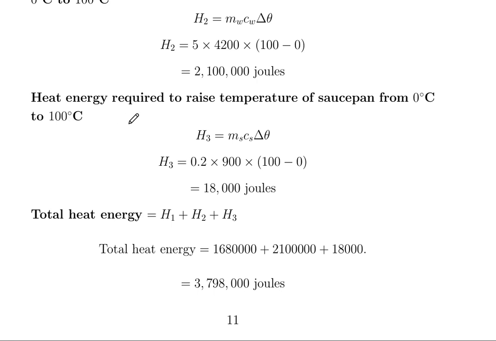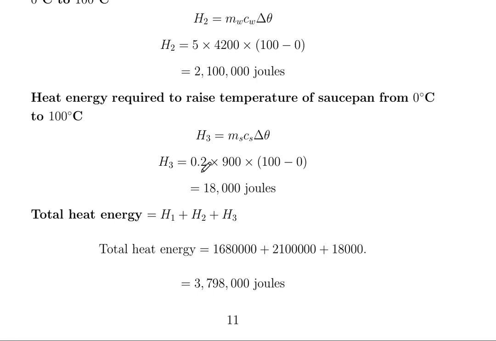And therefore, as we heat this water to 100 degrees Celsius, even this saucepan will gain that temperature. So what is that quantity of heat that is required in order to raise the temperature of the saucepan from 0 degrees Celsius to 100 degrees Celsius? Basically it will be given by the mass of the saucepan, the specific heat capacity of the saucepan, multiplied by the temperature change delta theta, which is the final temperature minus the initial temperature.